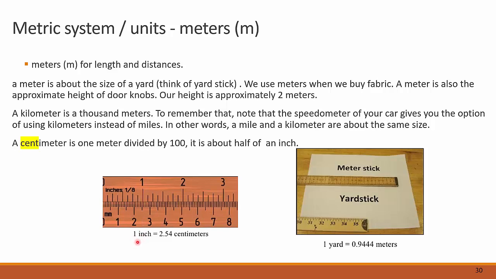So actually 1 inch is 2.54 centimeters. In bulk, half an inch is about equal to a centimeter. Now, the word cent in centimeter tells us we are dividing the meter by 100 to get the centimeter. So again, it's about half an inch.